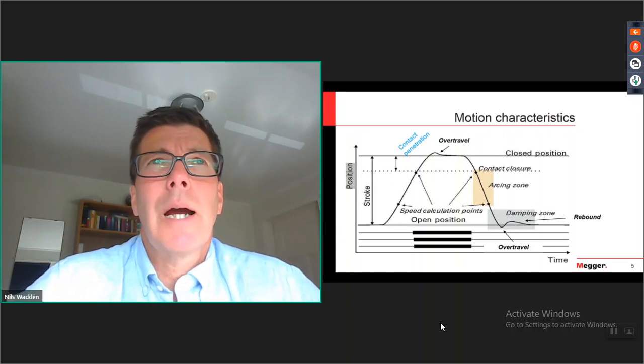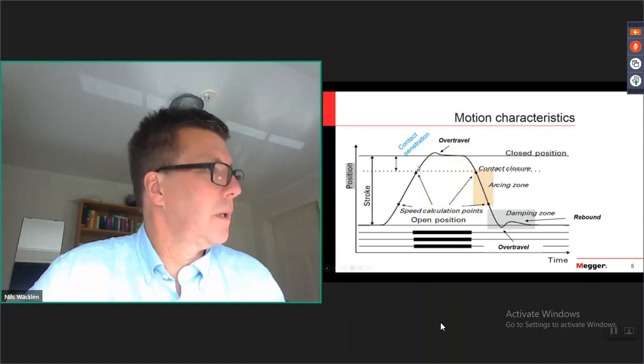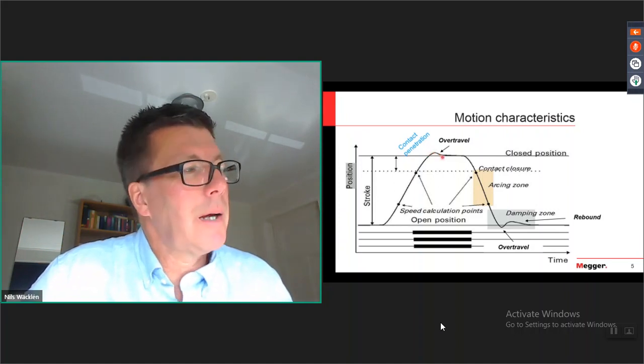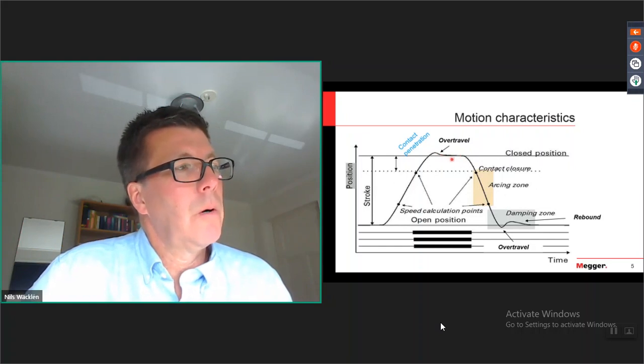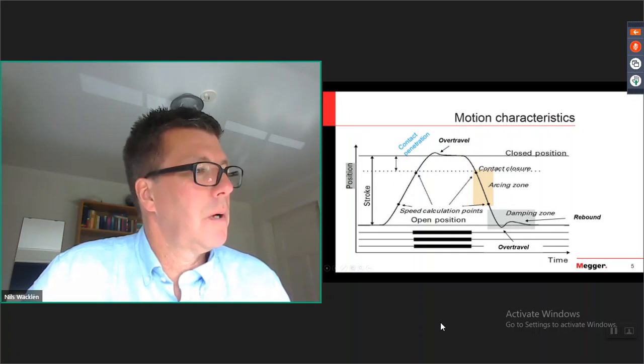The mechanical bouncing is, in this graph, if it goes up here and bounces down below the level of the steady state close position. And this can be different depending on how effective the damping is in the system.